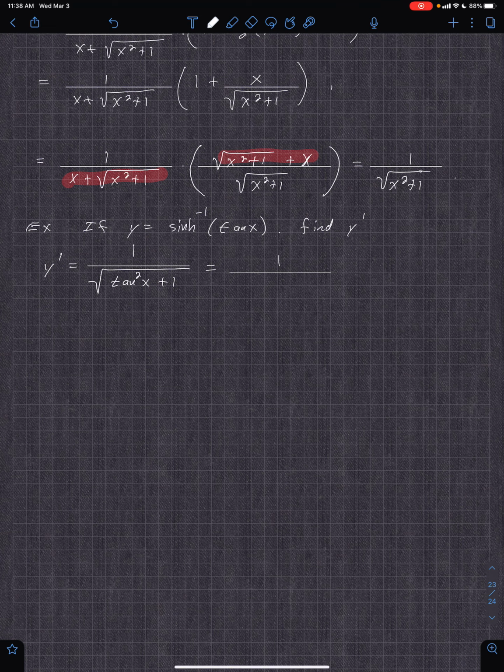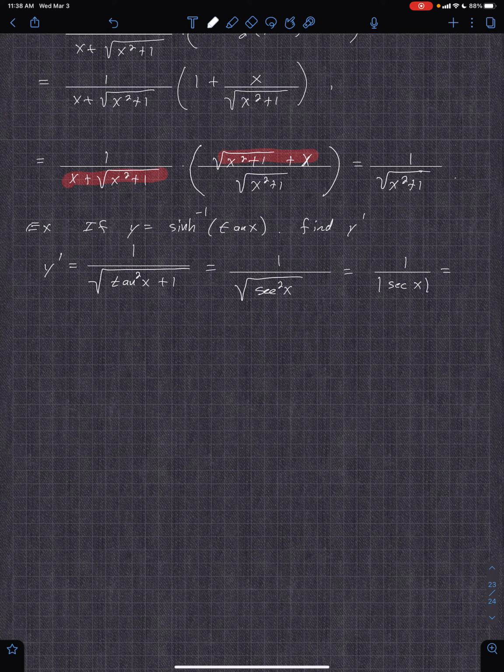So one of our identities is that. So look that up if you don't remember. Tan squared x plus 1 is secant squared x. So you can write that as the square root of secant squared x. And the square root of the square is just absolute value. So it's absolute value of secant x.